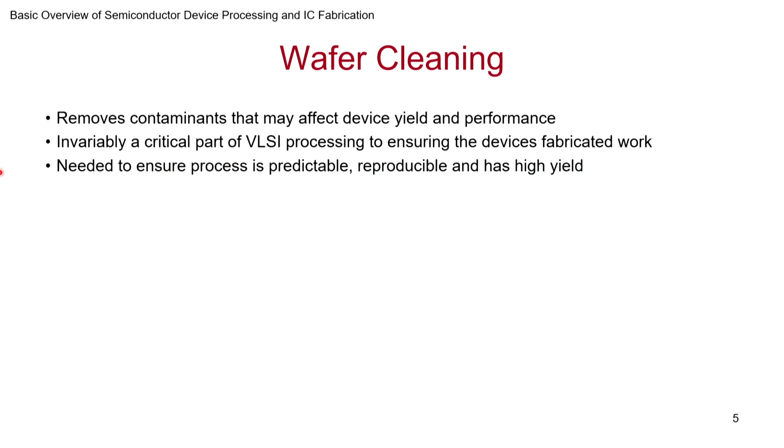It is needed to ensure the process is predictable, because contaminations are not in our control. So one day you'll have one contamination, some results, next day another contamination, another result. So you want it to be predictable, reproducible, and of course we want to have very high yield. It should not be that only a few devices work. We want preferably all the devices working.